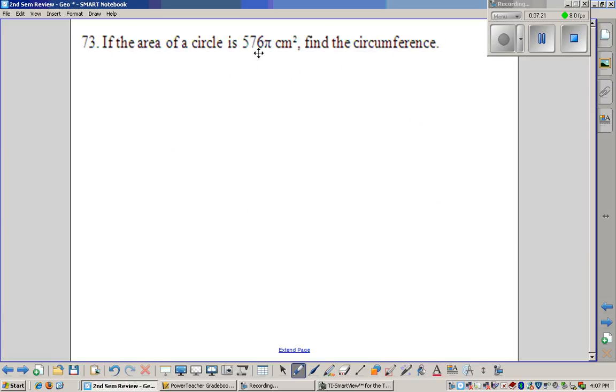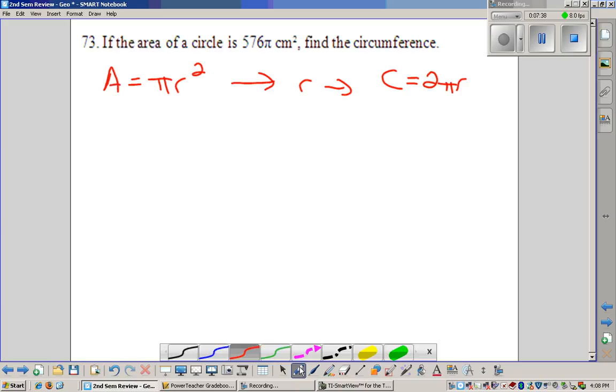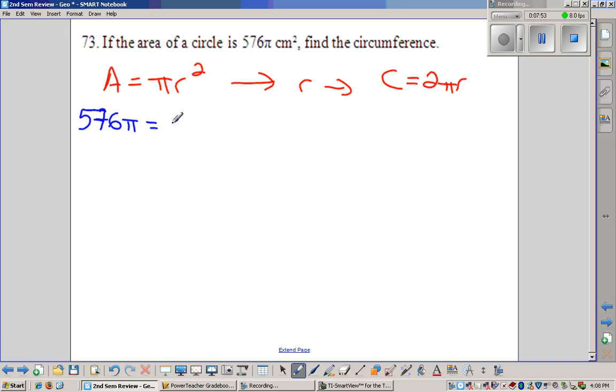If the area is given to us, can we find the circumference? Of course we can. We're going to have to use the area formula first, because that's what was given. And then we're going to take whatever the r value is and plug it into the circumference formula. So let's plug in what we know. They gave us the area, 576 pi, equals pi r squared.